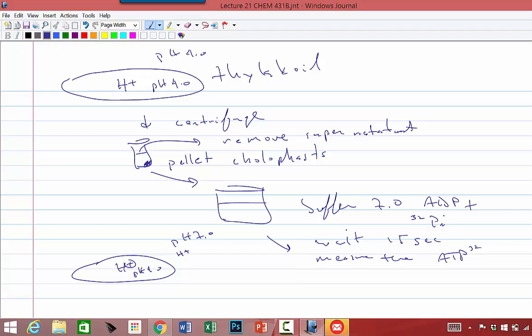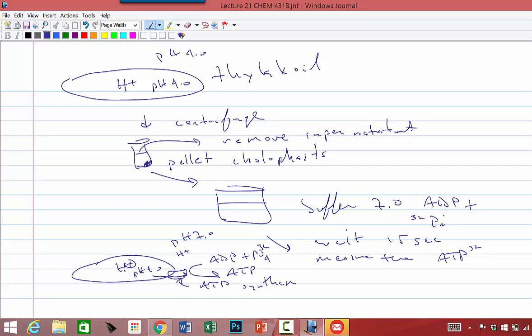There's a small amount of protons on the outside, a large amount on the inside. And of course, you've got your ATP synthase here. The question is, can you produce ATP in this system? We are producing the ATP because the protons are going through that ATP synthase.